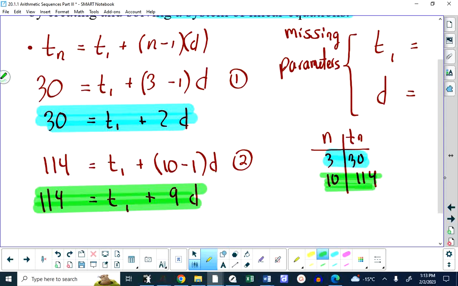And this is what you learned in Math 10C, that this pair of equations is called a system of equations. And if you have two unknowns, it's possible to use two equations to find the solution to the problem.